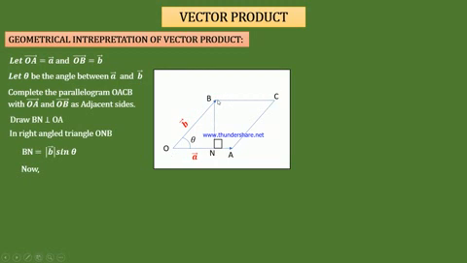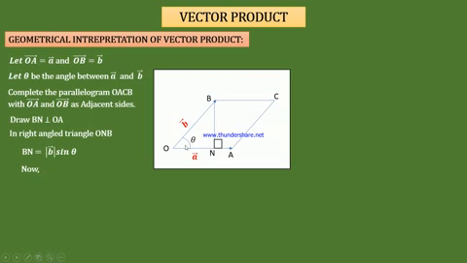Now draw perpendicular BN. Draw BN as perpendicular to OA. Okay, in a right angle triangle, which is the right angle triangle? ONB is a right angle triangle. BN is modulus of B vector into sin theta. எப்படினா sin theta உடைய trigonometric ratios என்ன? sin theta என்றது opposite by hypotenuse. அப்போ theta உடைய opposite என்னது?